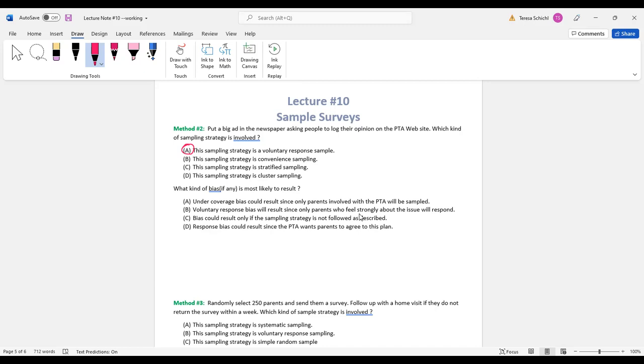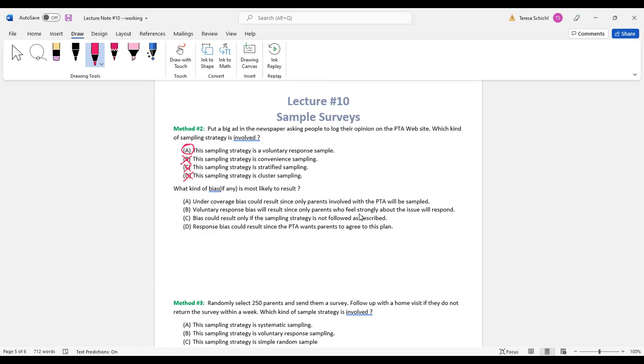This is not convenience sampling, because it's more that people volunteer to do it. It is definitely not stratified, and it is not cluster.